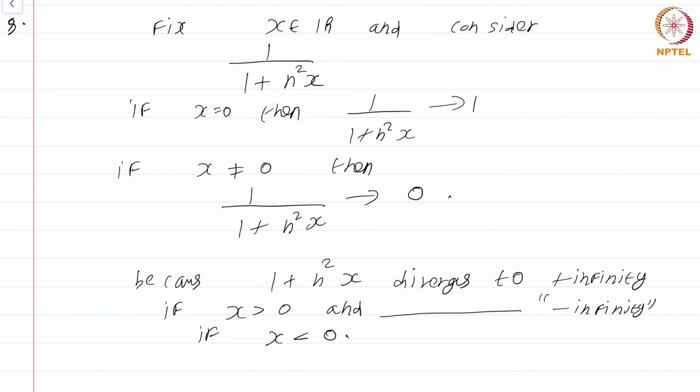Because of this, we immediately get that 1 by 1 plus n squared x must converge to 0 if x is any number other than 0. Okay? So this is one set of examples. In the next module, we will see some more examples that involve polynomials and exponentials together. This is a course on real analysis. You have just seen the module on examples of convergent and divergent sequences.